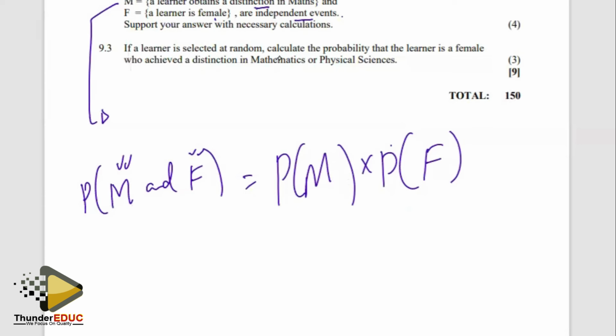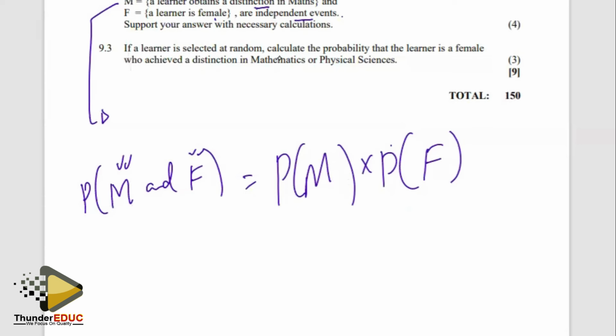Then females that have distinctions are 65. So on the left-hand side, distinction with the females is going to be 65 over 500. How many distinctions are there? We said it's 125 over 500. And then how many females are there? It's 260 over 500. Then all I'll do, I'll simplify.